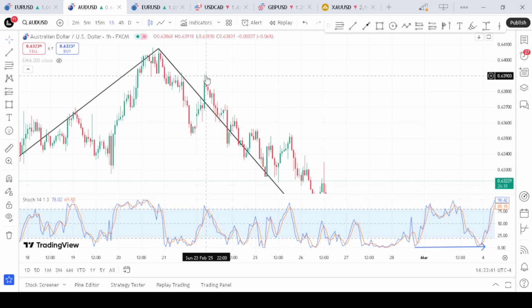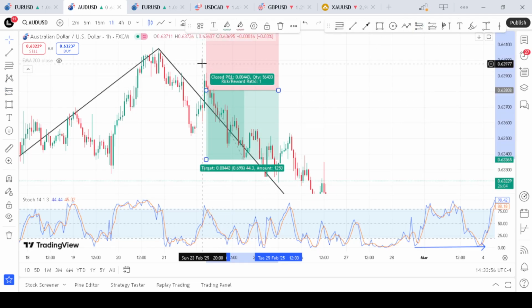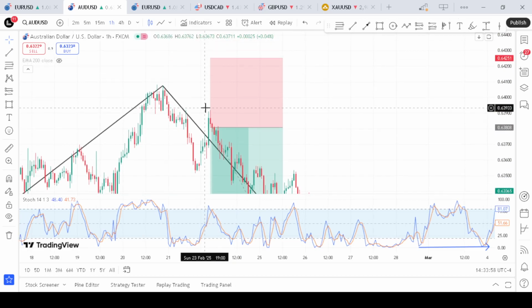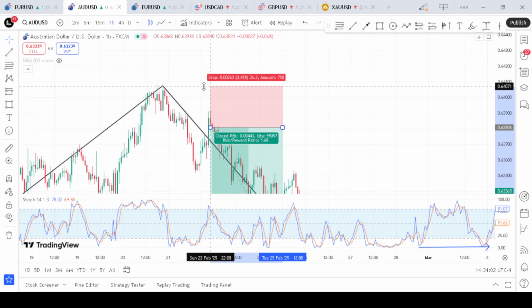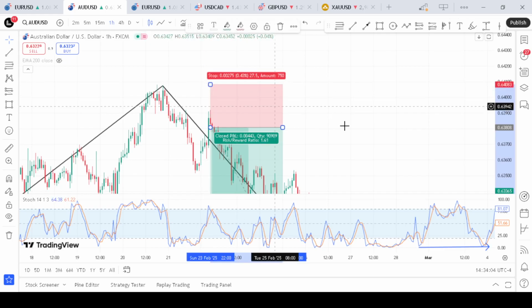At the same time we can see a crossover. When we see a crossover at this area, it gives us the confidence to take this trade to the downside, taking our entry where we saw the crossover and putting our stop loss just above the recent swing high.